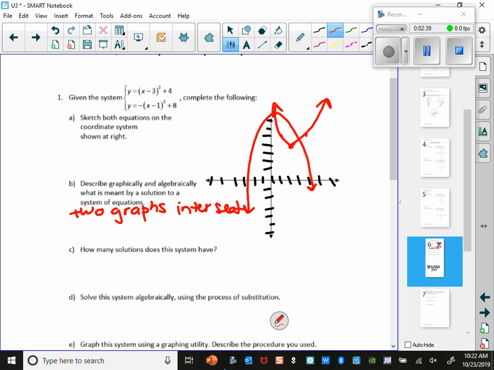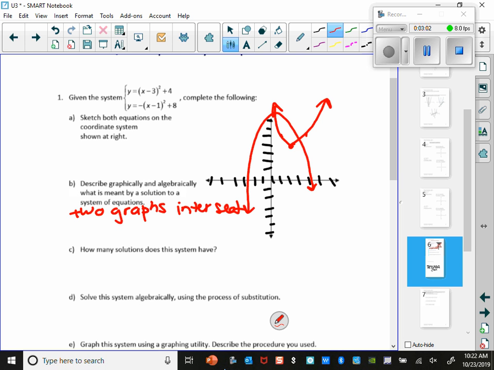What does it mean algebraically to be solutions here? So when they are intersecting, they intersect at a point. So think about what that point means within that equation. What do you think, Arthur? Yeah, it's what x and y equal.